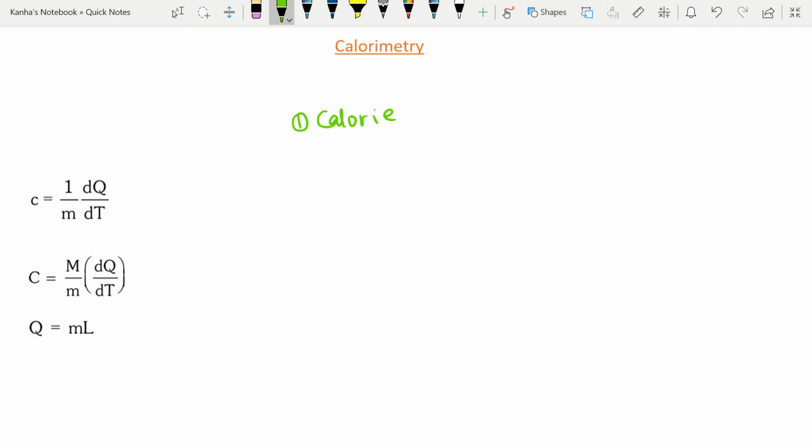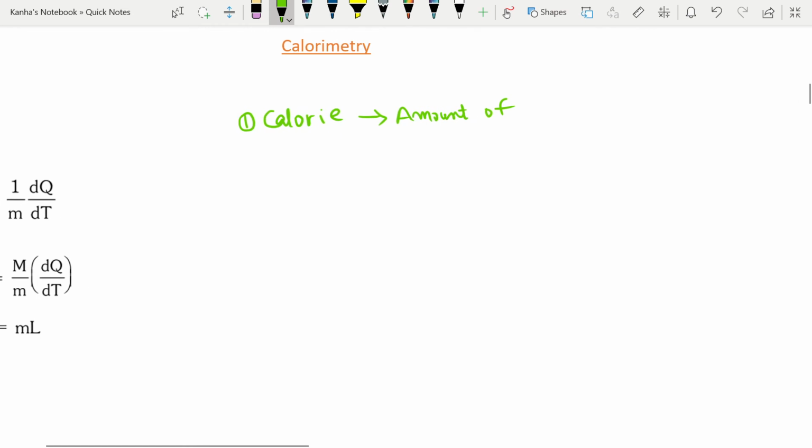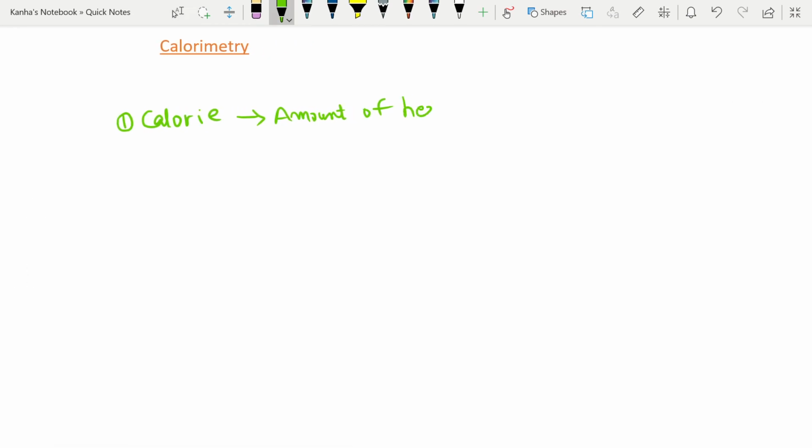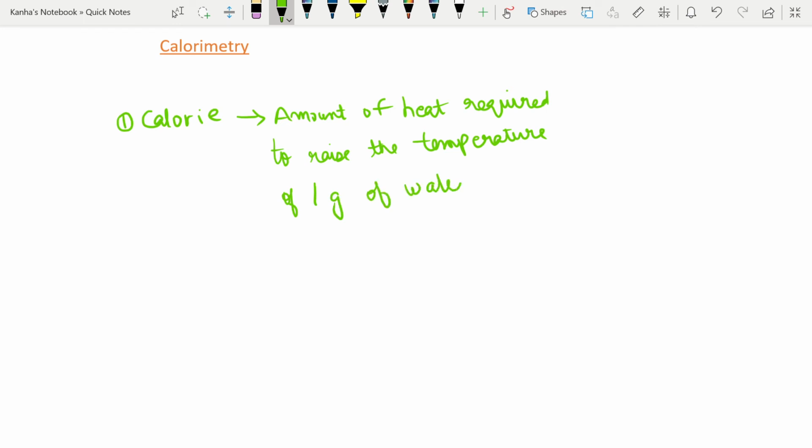A calorie is defined as the amount of heat required to raise the temperature of 1 gram of water by 1 degree Celsius.